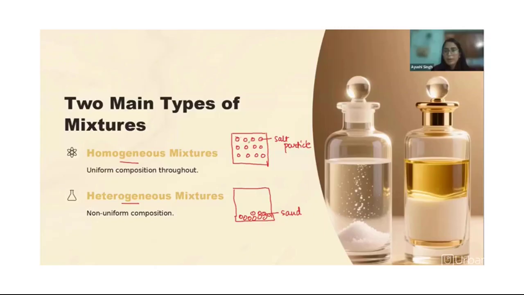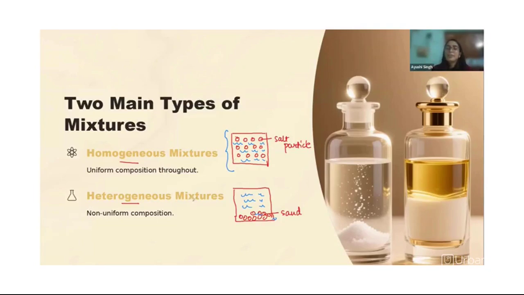Both are kept, mixed in water basically. Now what happens here is in a homogeneous mixture, you are seeing that each particle is dissolved in the water in a uniform composition throughout, from top to bottom. You will see a pattern, you will see a uniform composition.